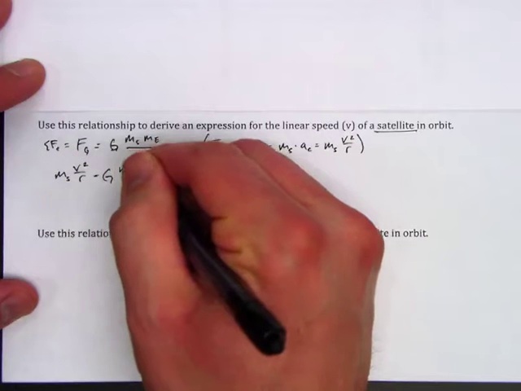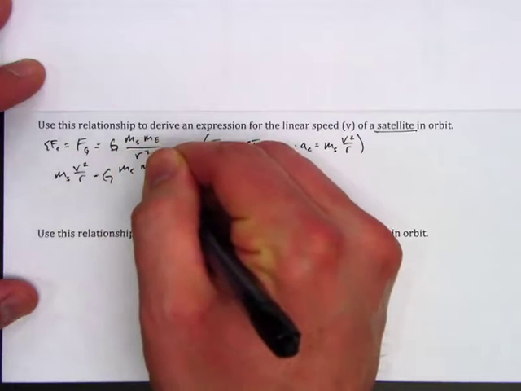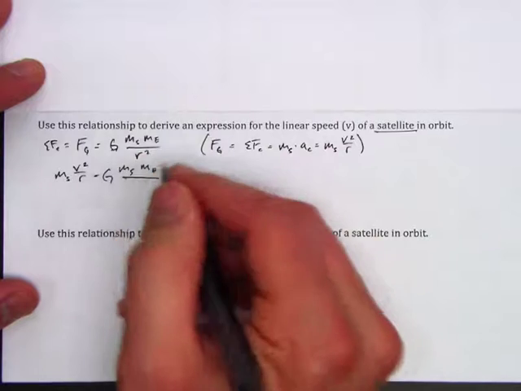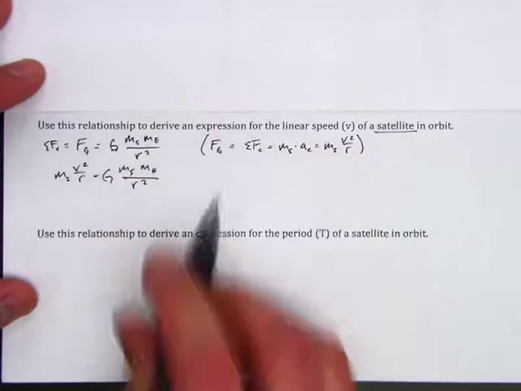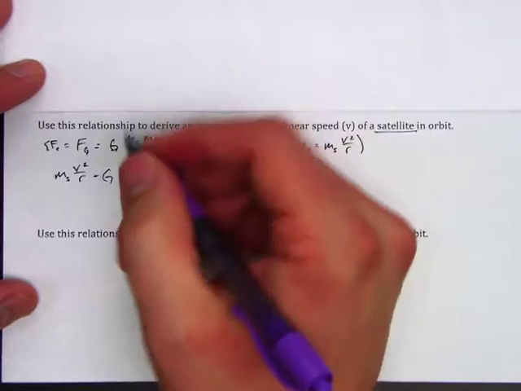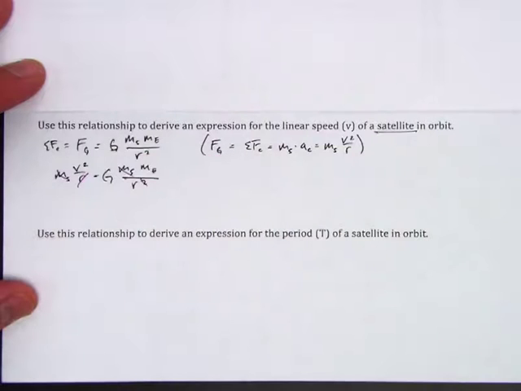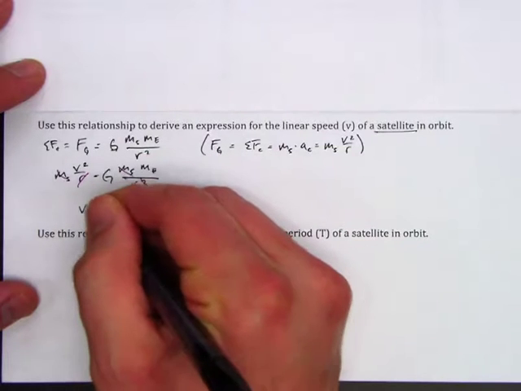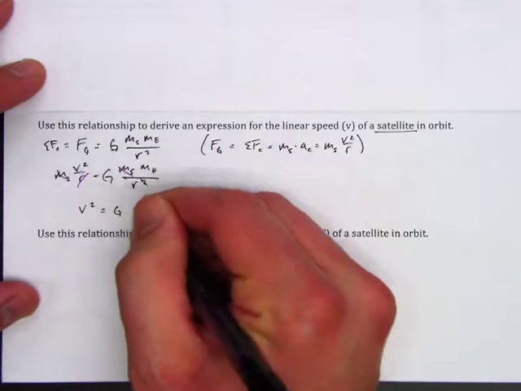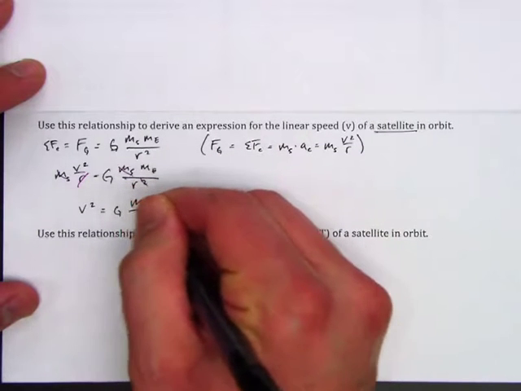This is good to do every time because deriving this expression becomes an important skill for these types of problems. We see that one r cancels, the mass cancels, and we were left with, at the end of the last video, v squared equals G, mass of the Earth, over r.